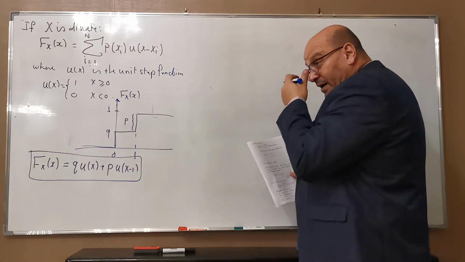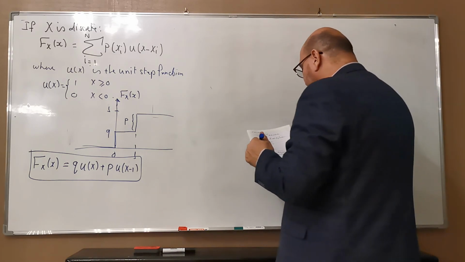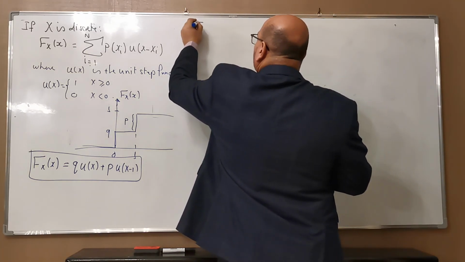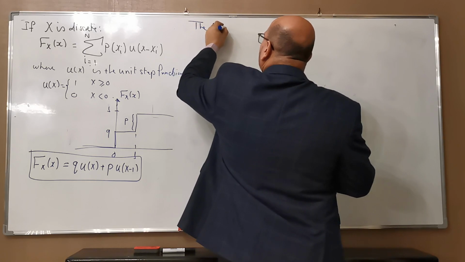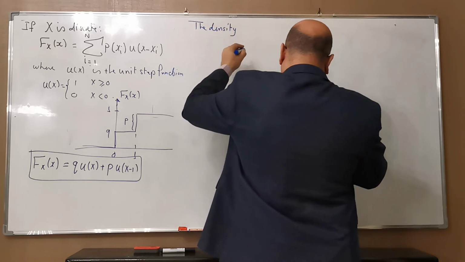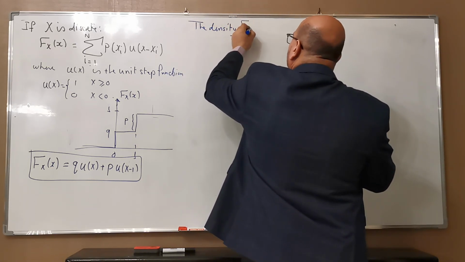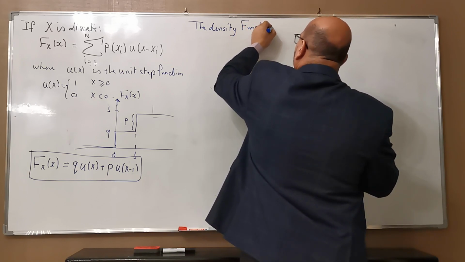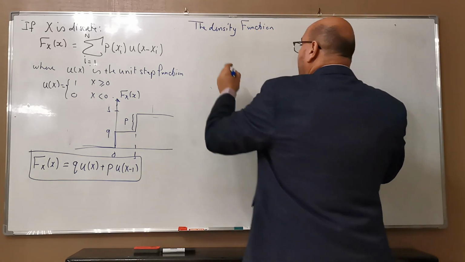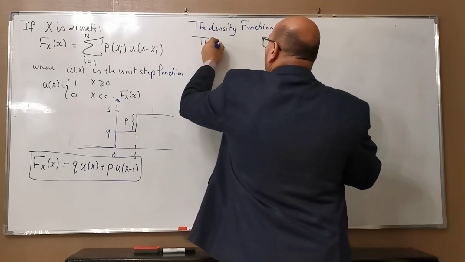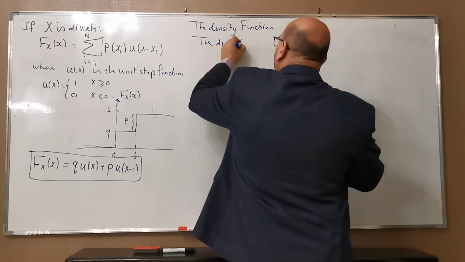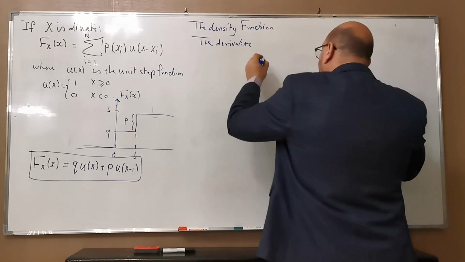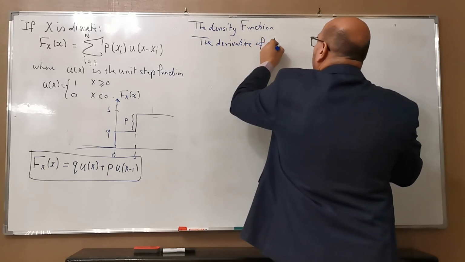Okay, there is a partner for this function. The partner is the density function, or the probability density function. The probability density function is the derivative of the distribution function.